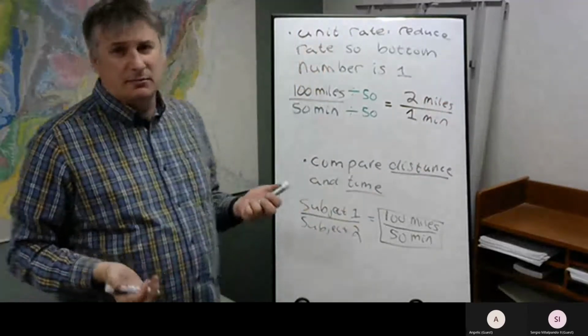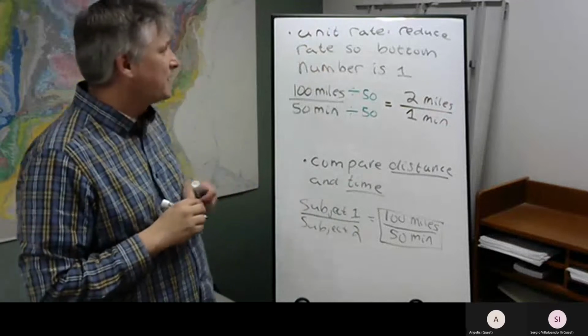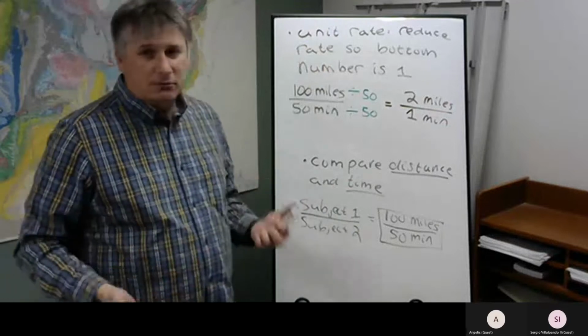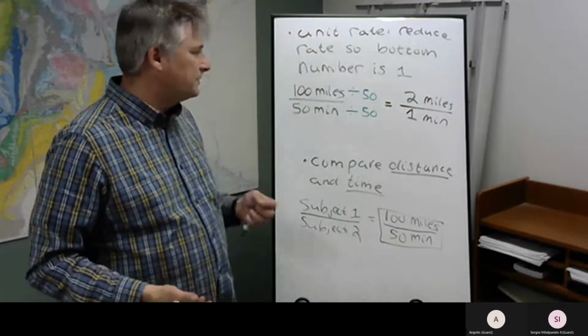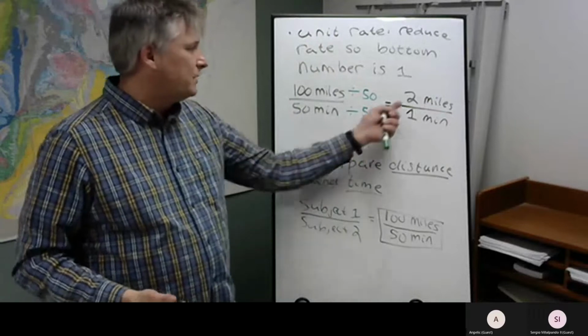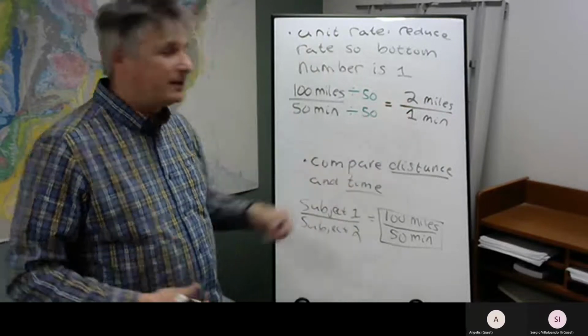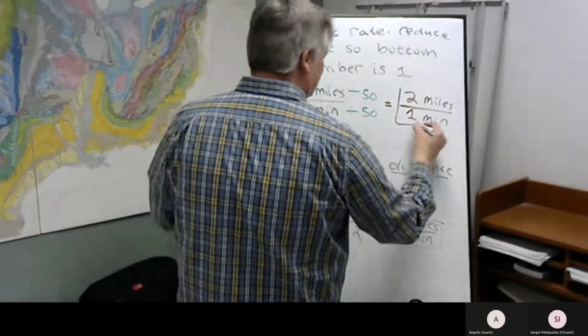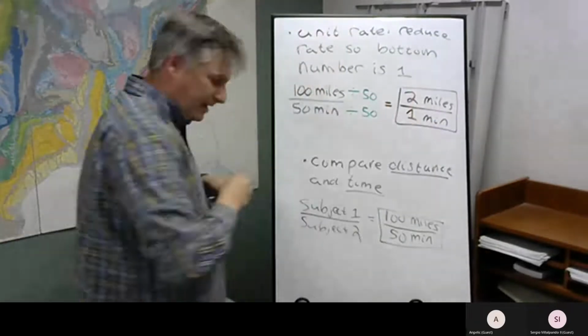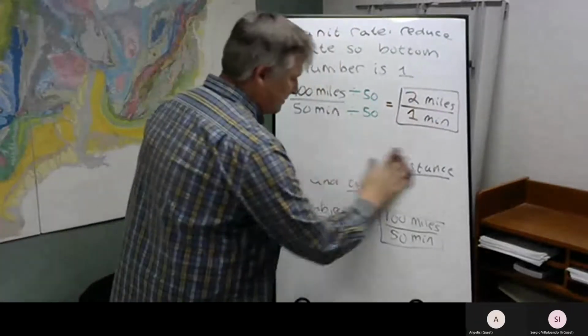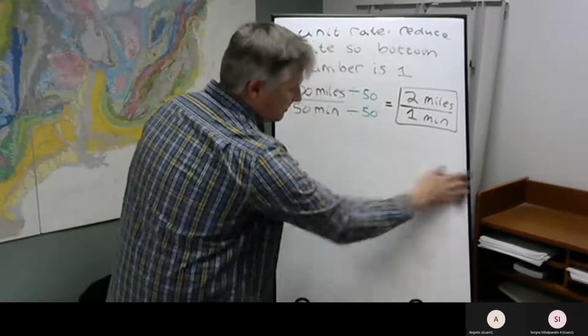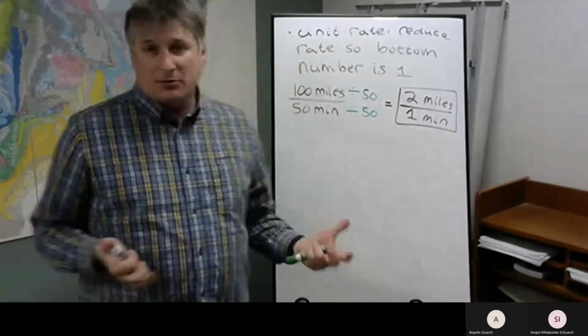And we haven't done anything to miles, so miles just stays there. So the unit rate, the version of this that's a unit rate, will be 2 miles per 1 minute. And we like to express rates in terms of unit rates. You've heard of 50 miles per hour.